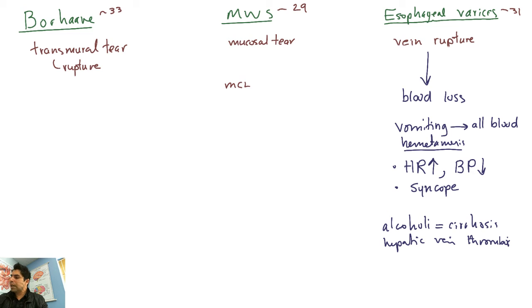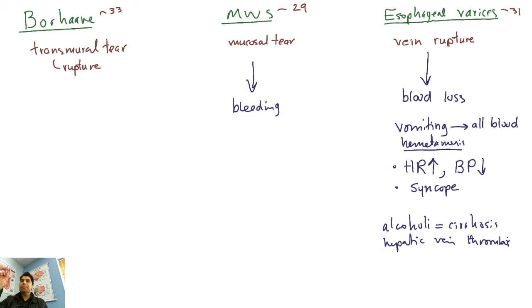Okay, so now, Mallory-Weiss tear. It's a mucosal tear. And a mucosal tear is going to do what? Just bleed. So this person will only be complaining of bleeding. Esophageal varices is bleeding, so is Mallory-Weiss tear.